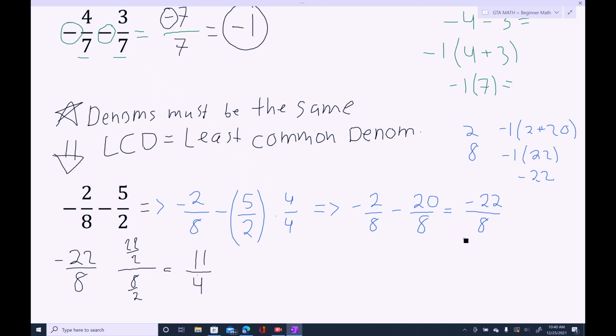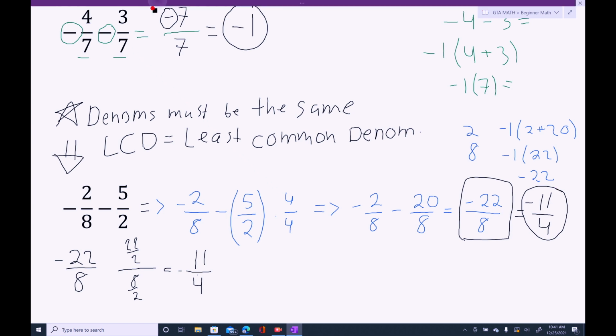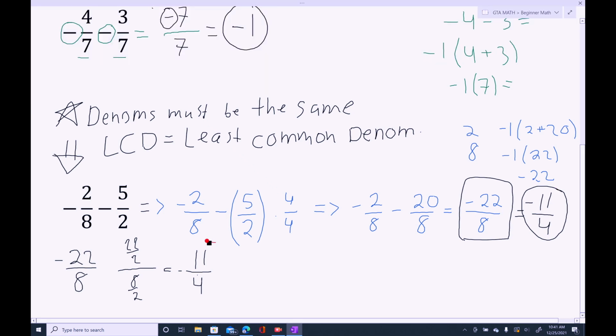So when we simplify this answer, it's going to equal 11 over 4, and we can't forget the negative. So here is the final answer for this problem.